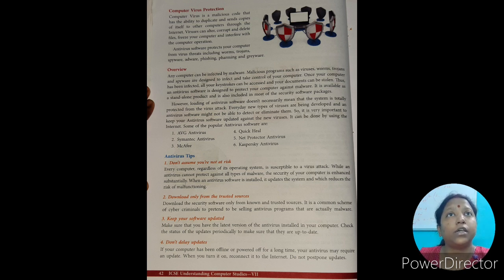It may start interrupting your computer operation and display some unusual messages. These are all effects of computer viruses. But if you install a good antivirus software in your system, then that antivirus software can protect your system against all these malwares like worm, Trojan, spyware, etc.